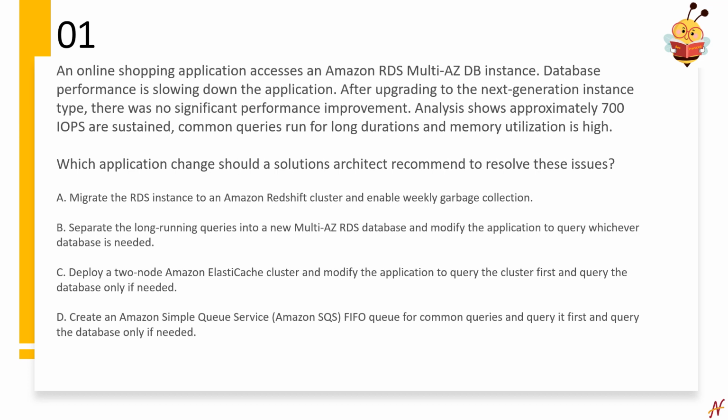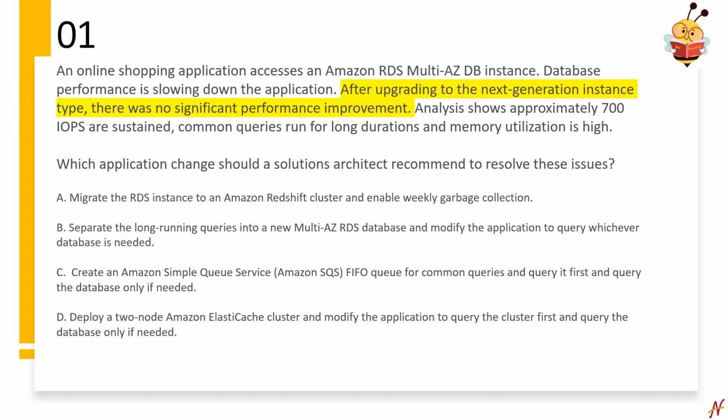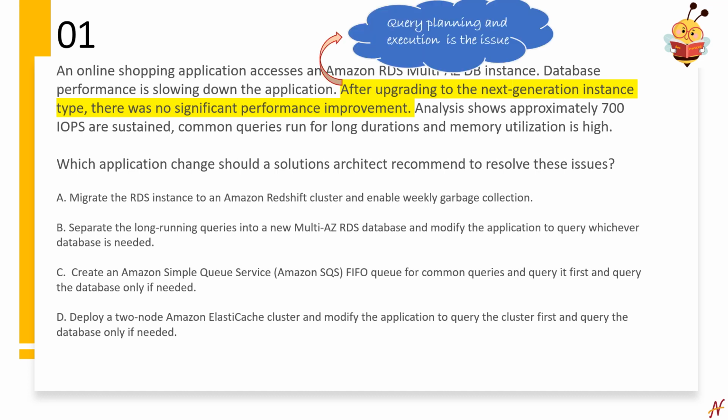So when you have this type of task and these types of options, we should always first look for the hint that after upgrading to the next generation instance type, there was no significant performance improvement, which shows that the query planning and its execution is the main issue here, right?